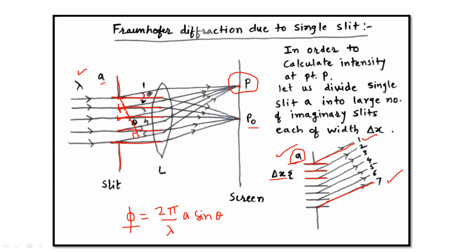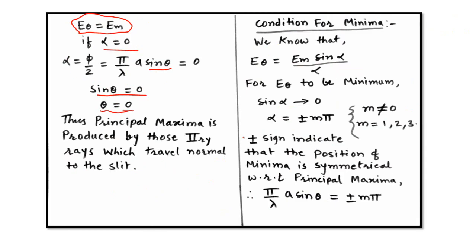So for all such secondary rays for which the angle of diffraction theta is equal to 0 and which meet at point P0 on the screen, they will always produce the principal maxima, and hence the principal maxima is produced for those secondary rays for which angle of diffraction theta is equal to 0 or alpha is equal to 0. So alpha equal to 0 or theta equal to 0 is the condition for principal maxima.